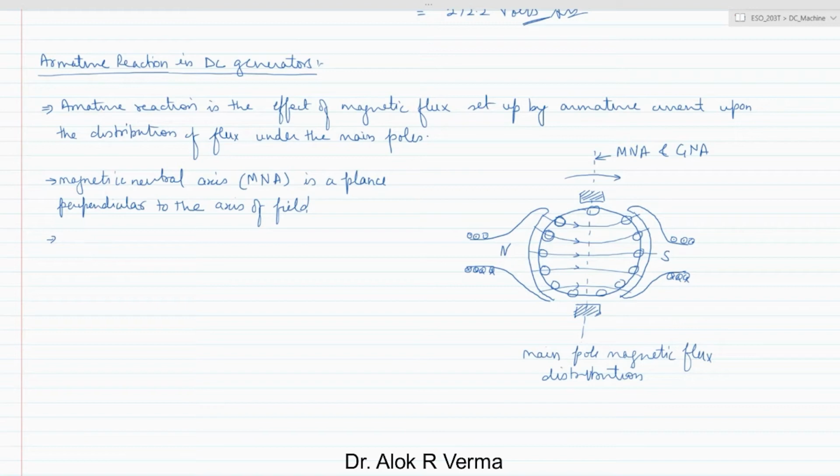So this is the effect when there is no armature current.